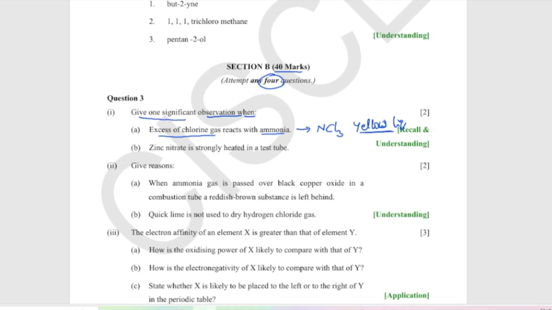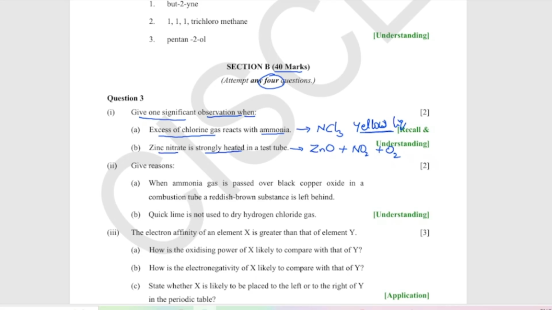Next, when zinc nitrate is strongly heated, these are the products we obtain: zinc oxide plus NO2 plus O2. So here we can write 2 observations.